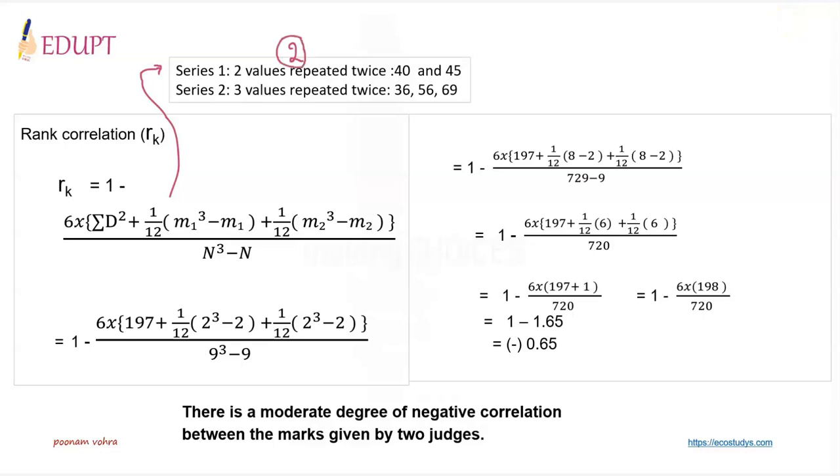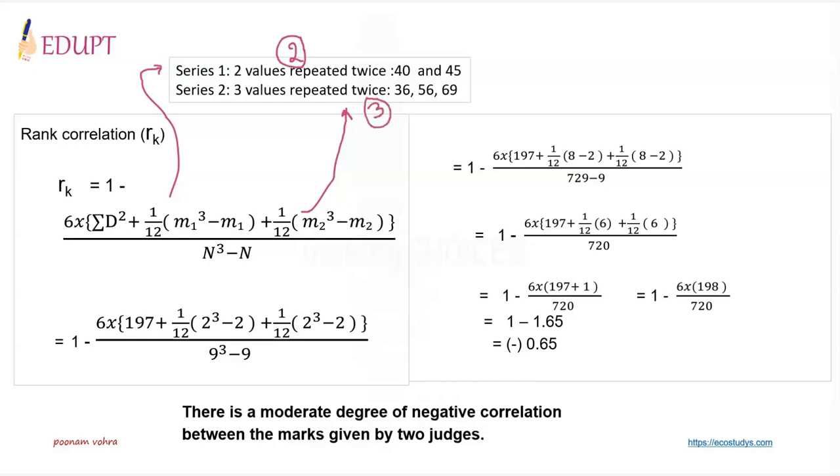And in the second series, if there are three values which are repeated twice, that is 36, 56 and 69 for example, then you need to mention 1 by 12 m2 cube minus m2 three times.